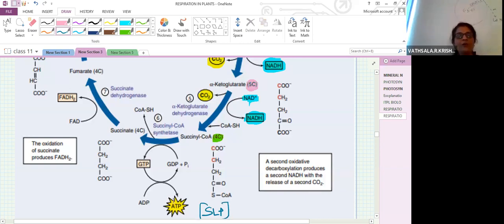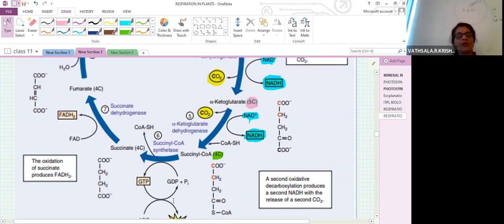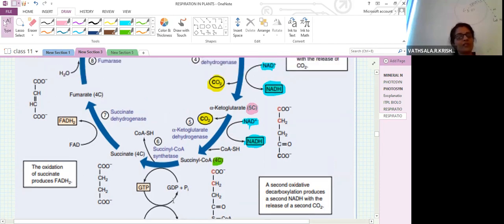Now what happens? Succinyl CoA is converted to succinic acid. So CoA is lost and ATP is released. Phosphorylation takes place. Then succinic acid is oxidised to fumarate. Here, very, very important, succinic dehydrogenase.